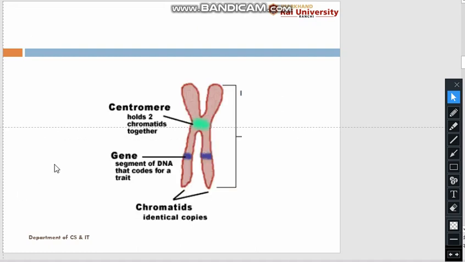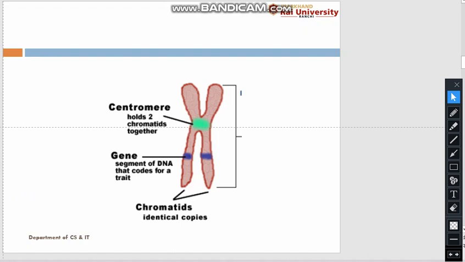Now, this is the crossover. This is our chromosome. This point is called your centromere, which holds the two chromatids together, and here we have the gene, that is the segment of the DNA that codes for the trait.